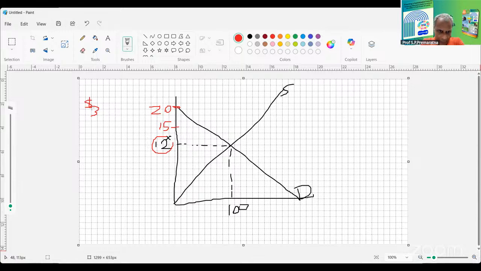That surplus, you may use to buy something for your children, or maybe on the way you go to a bar and have a beer. So what happened? Ultimately, your satisfaction increases.